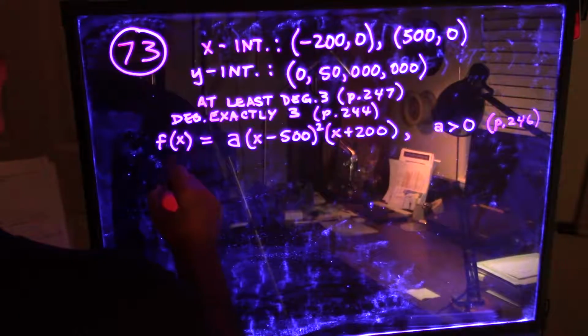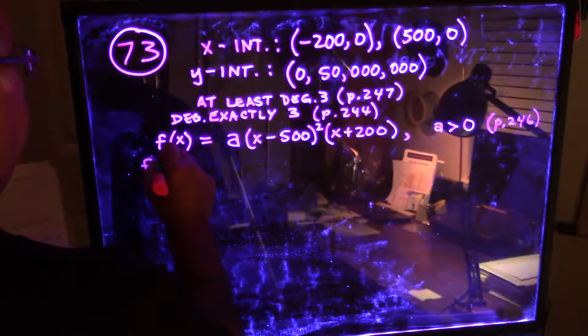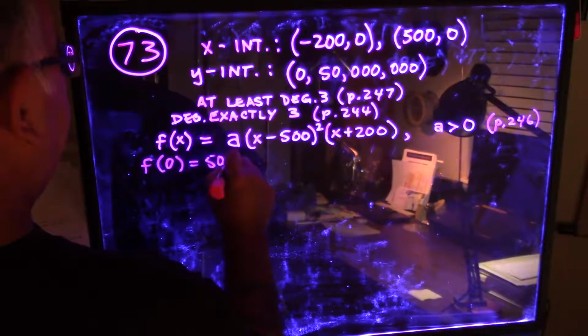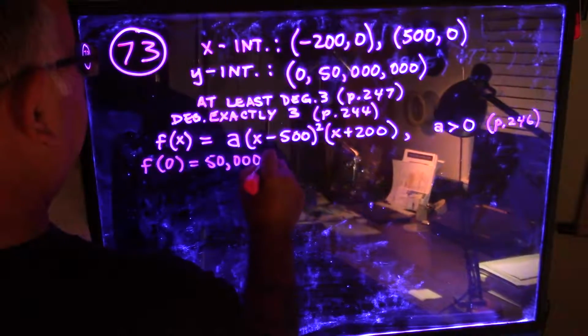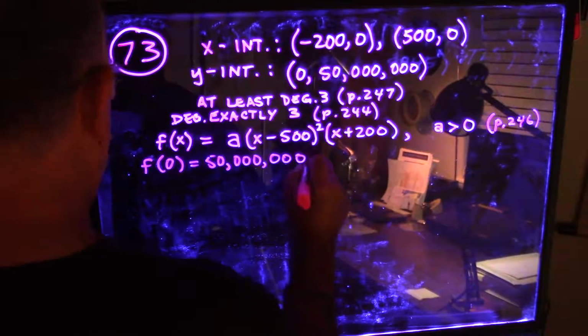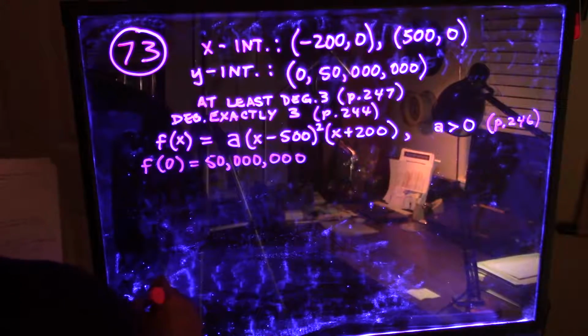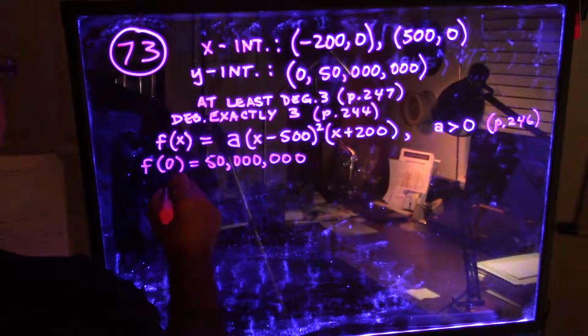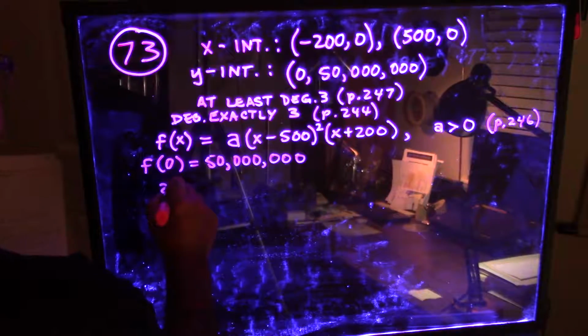Okay, so we know that f of 0 is 50 million. That's the y-intercept. Okay, so you take f of 0 here, put 0 here and here, and then we can solve it for a. Set it equal to 50 million.